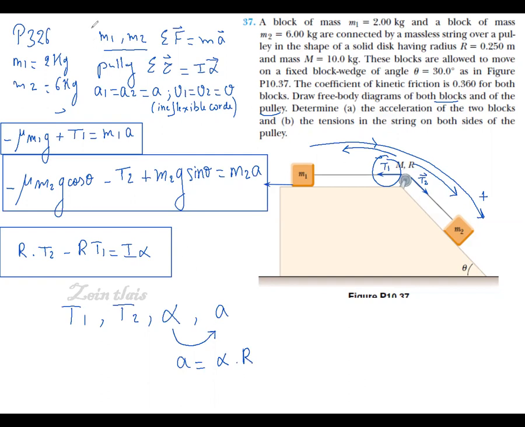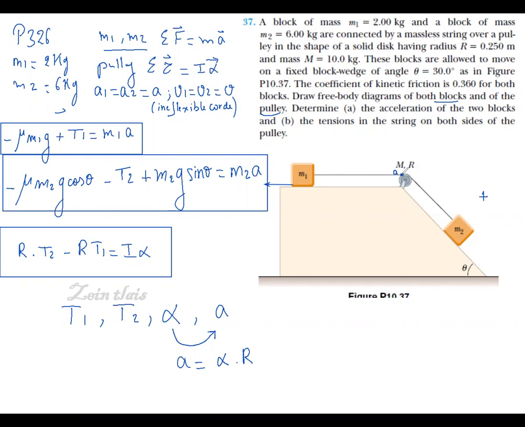Why? Look here. The cord is passing through this point. So the velocity of this point equals the velocity of M1, equal to the velocity of M2. And A of this point equals A of M1 equals A of M2.